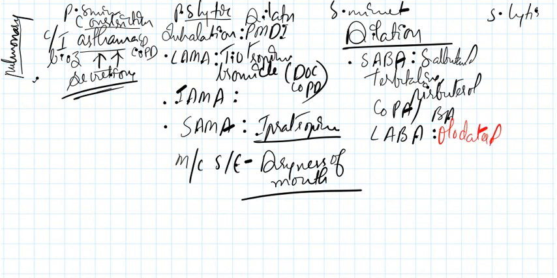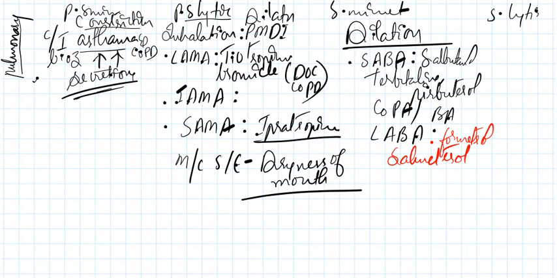Okay. Olodaterol. Next, vilanterol. Formoterol. Long acting beta agonist is formoterol, and salmeterol. These are long acting beta agonists, formoterol and salmeterol.